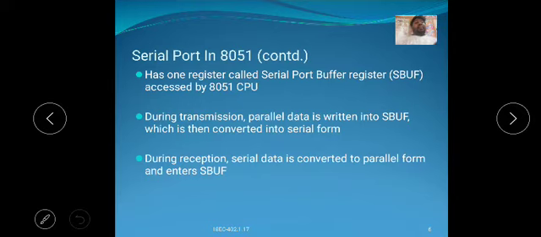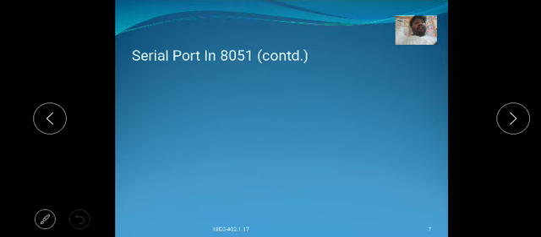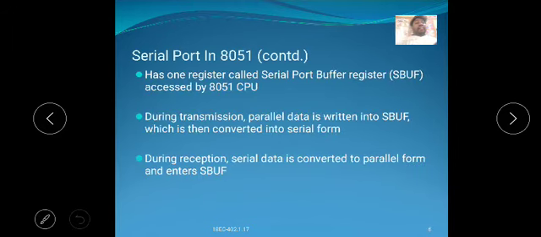The 8051 has one register called the serial port buffer register, SBUF, accessed by the 8051 microcontroller CPU.